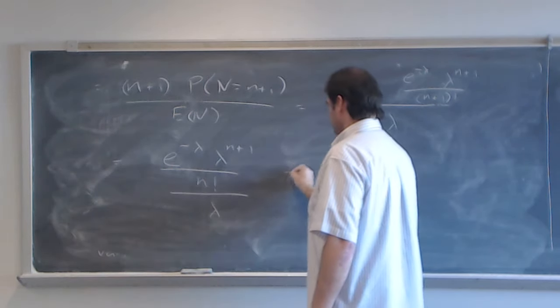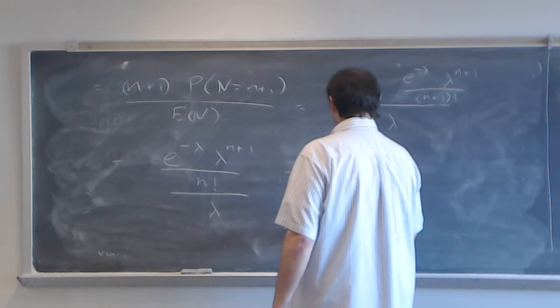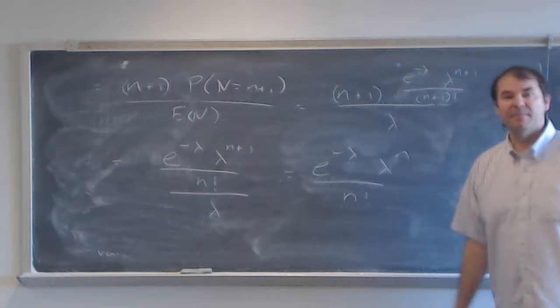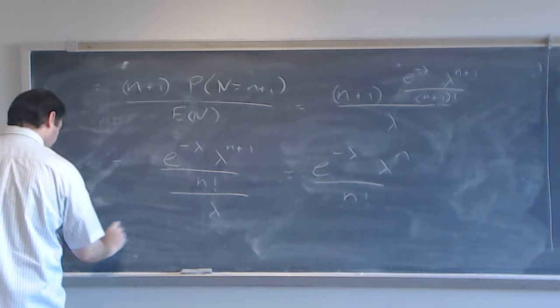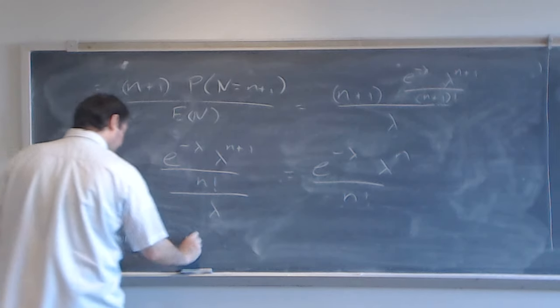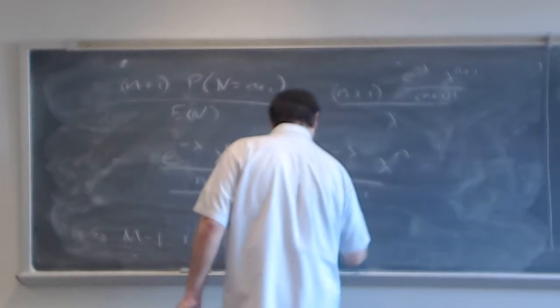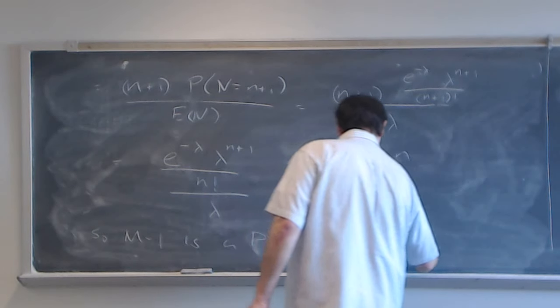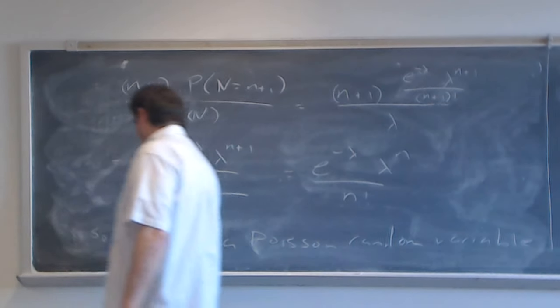This lambda here cancels with that lambda, and we're left with e to the minus lambda, lambda to the n, over n factorial. That is the PMF of a Poisson distributed random variable, so m minus 1 is a Poisson random variable with parameter lambda.